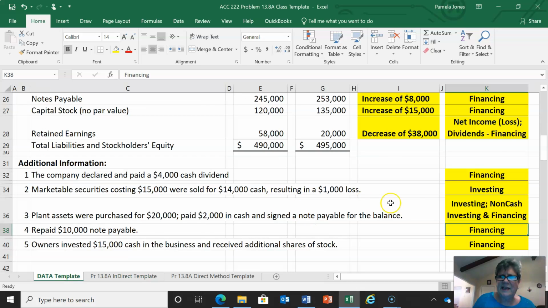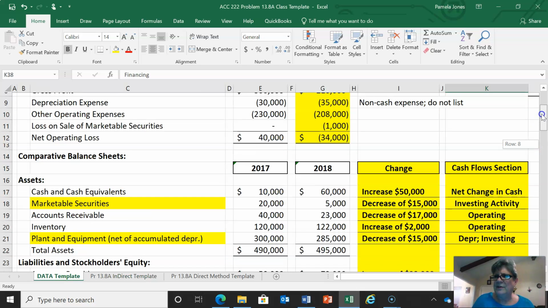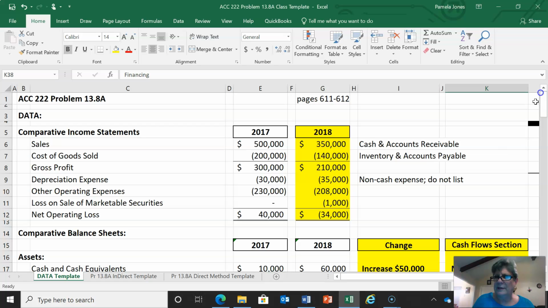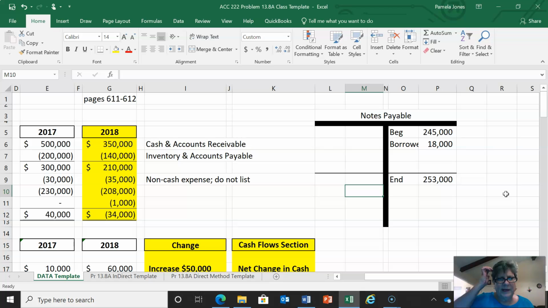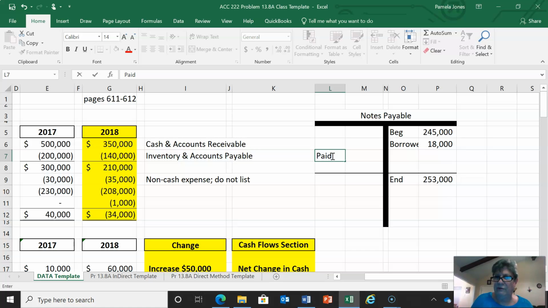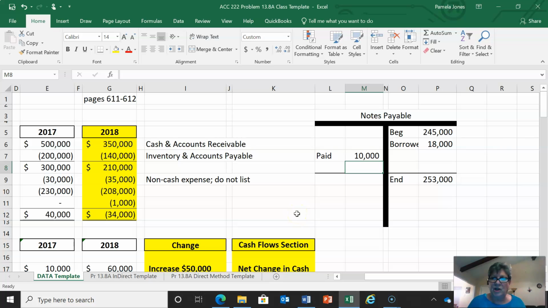And back on our data template, I had started kind of explaining in the T accounts what had happened. We looked first at the plant assets and we started on notes payable. So let's see if this now explains fully the change in our notes payable account. We paid $10,000, so that would be a debit to notes payable and a credit to cash. Now let's check our math. Beginning balance was $245,000.